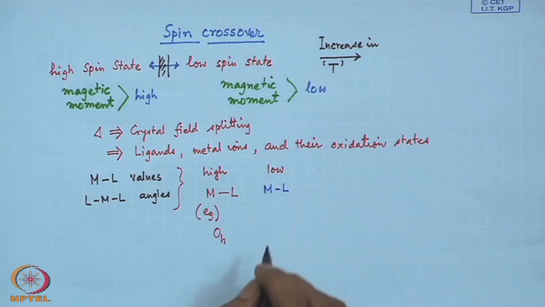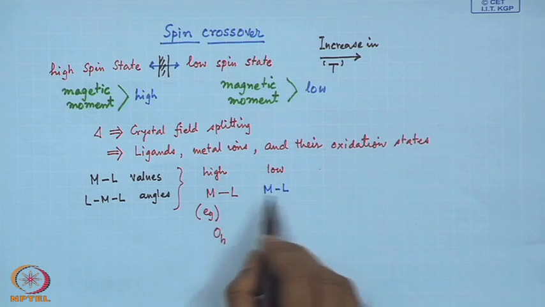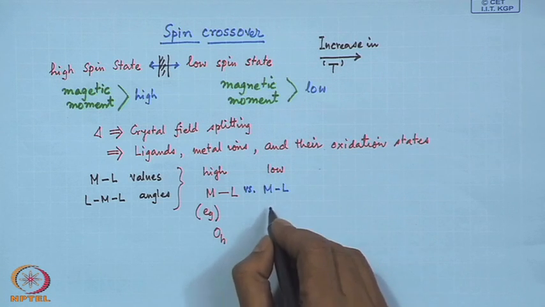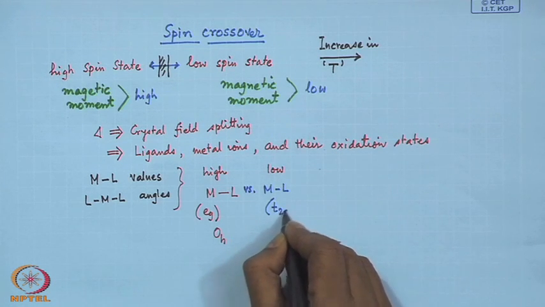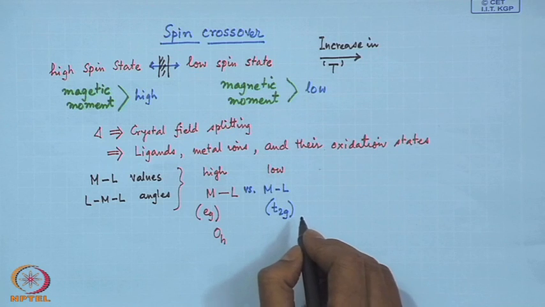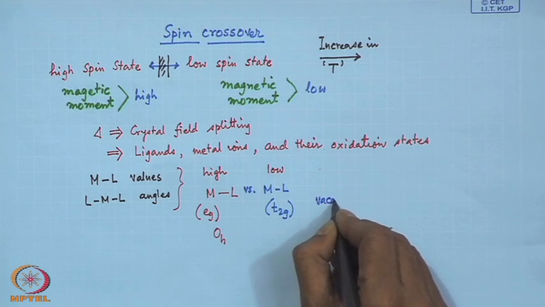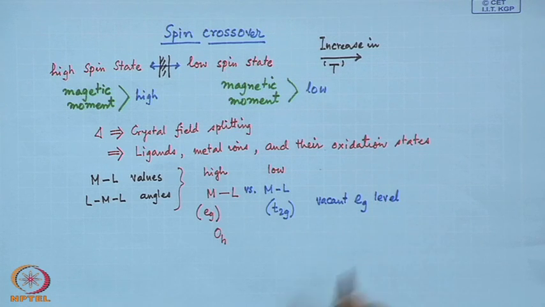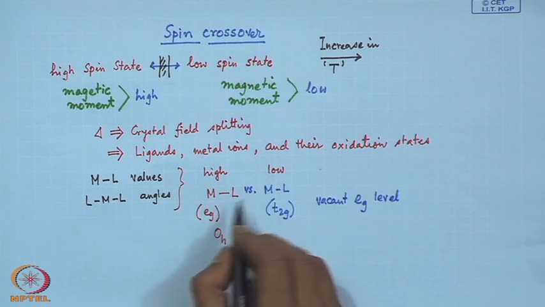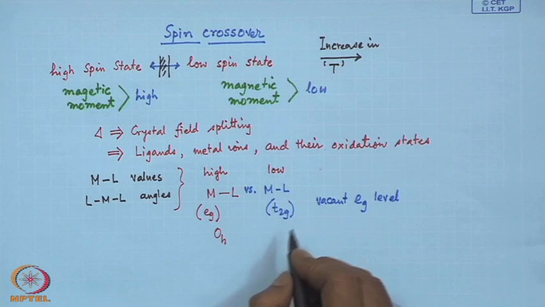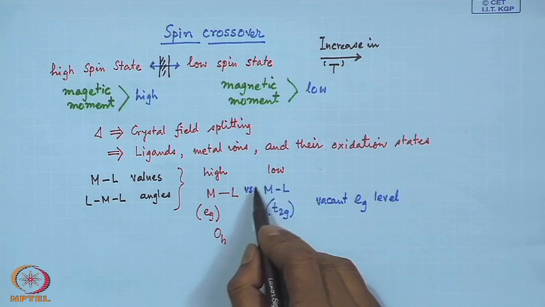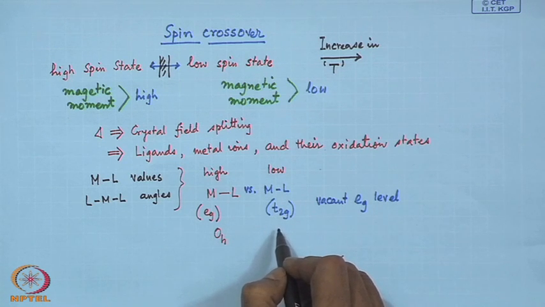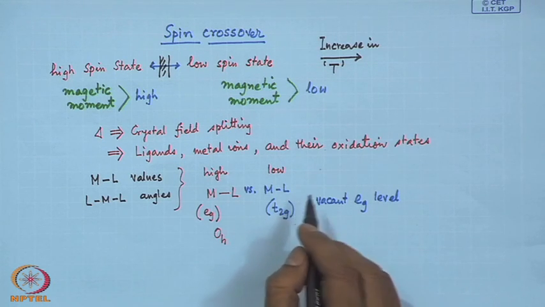Similarly, when the M-L bond distance is low, we have electrons only in the t_2g level and a vacant e_g level. The vacant e_g level will contract the M-L distance, and that gives rise to the shorter M-L distance in the situation where we have electrons only in the t_2g level.